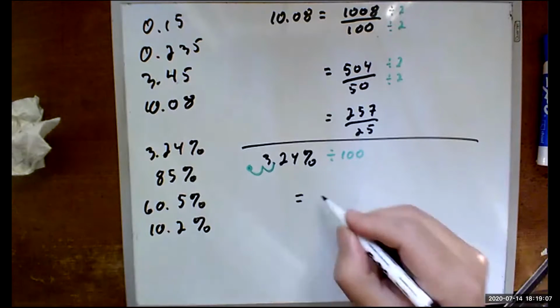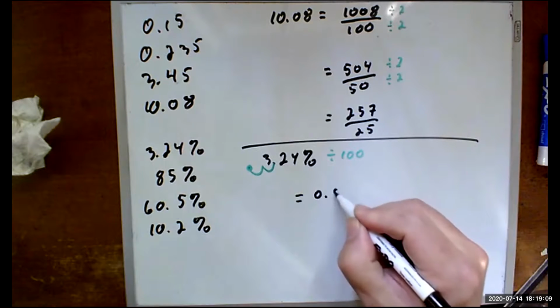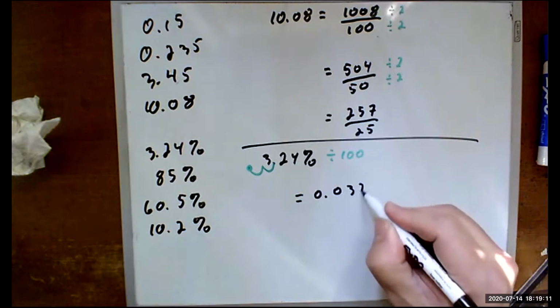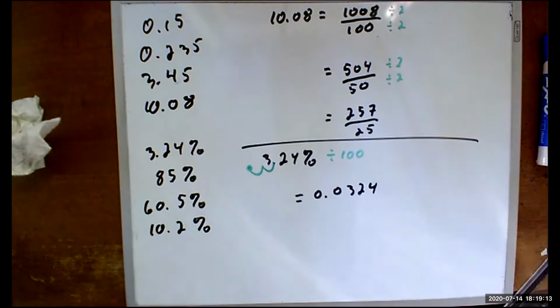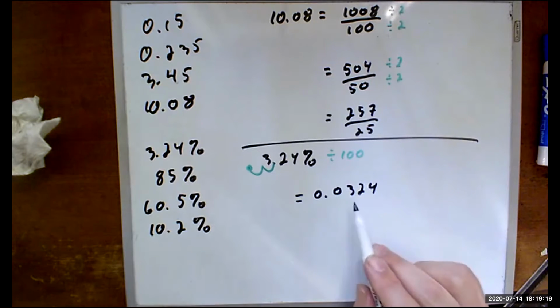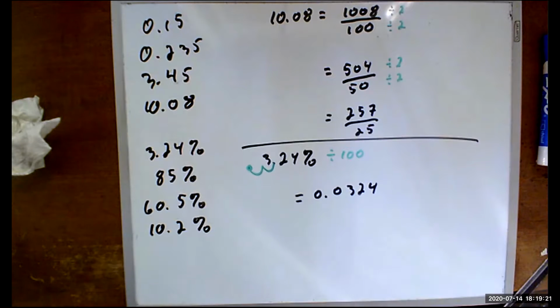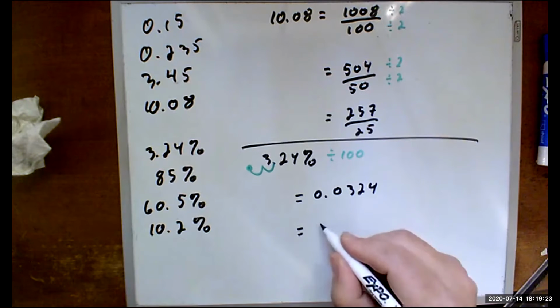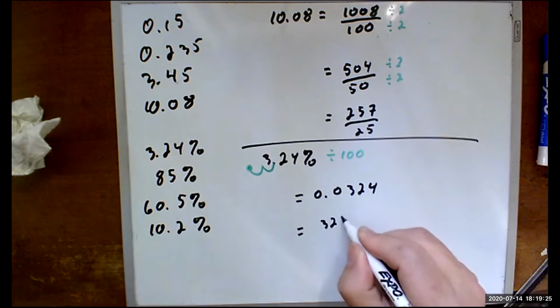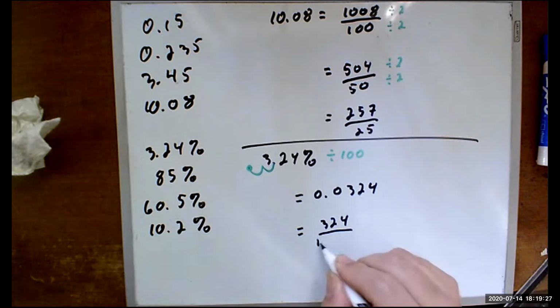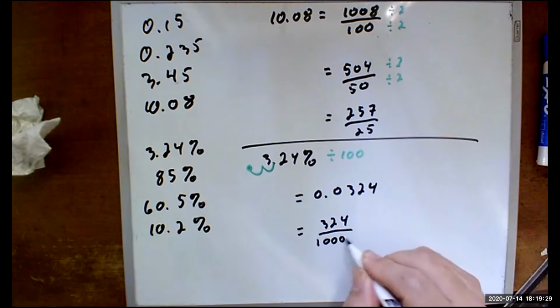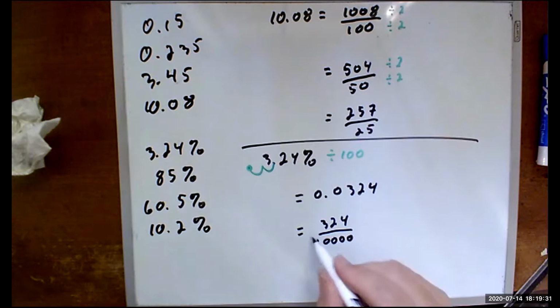And when I do that, I'm going to end up with a number that looks like that. And now I have 1, 2, 3, 4 decimal places, which means I have to go over 1, 2, 3, 4 zeros.